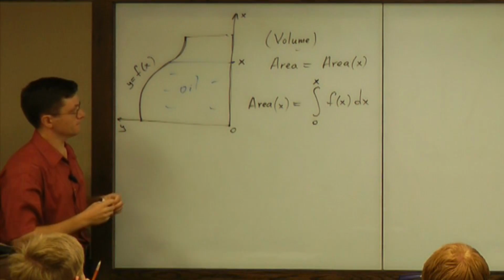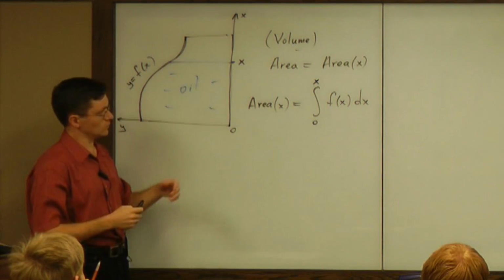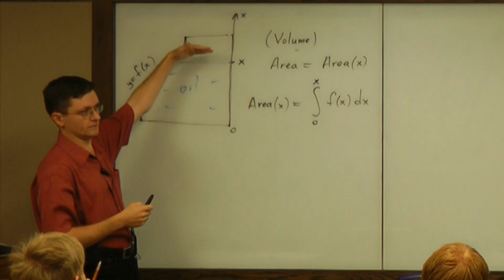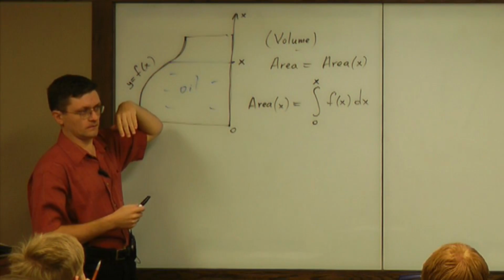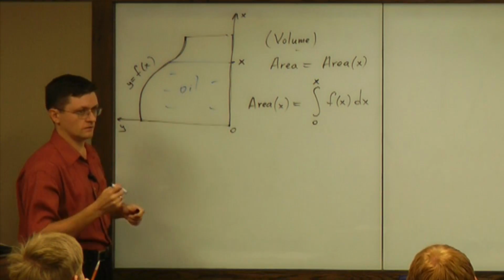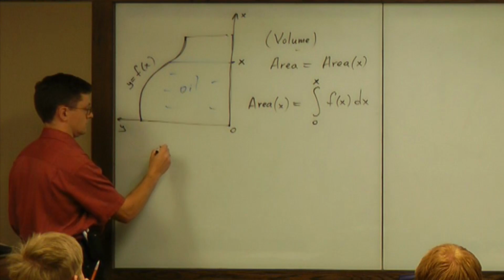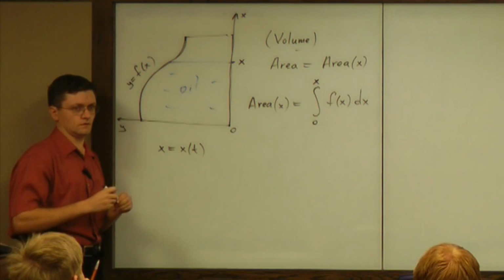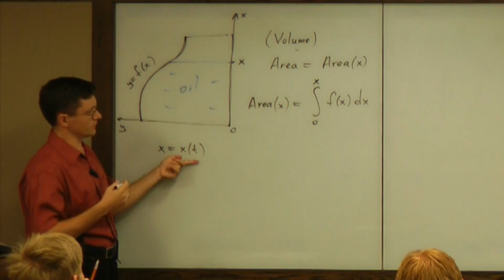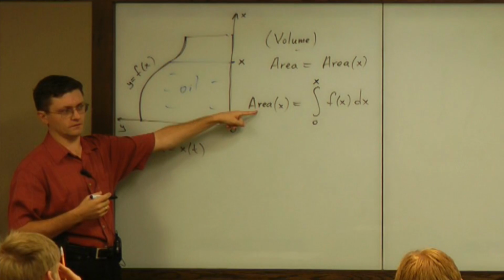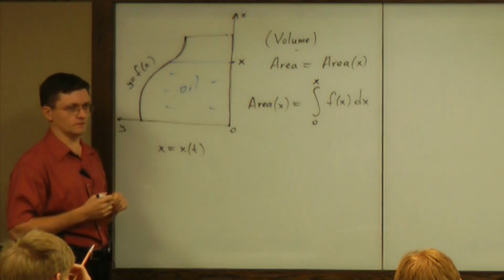dx. Now, a question I might want to ask is the following. What if the level changes? And I'm asking now, what if x becomes a function of t? Well then, I would like to know at this point the rate of change of the area with respect to time.